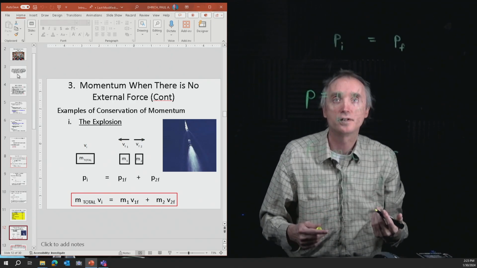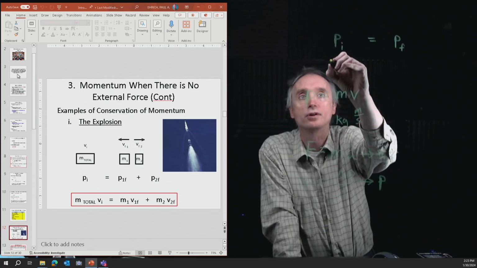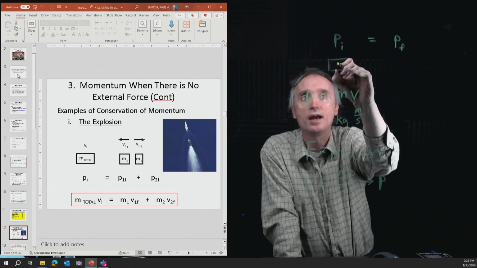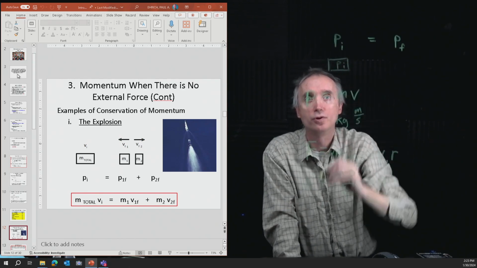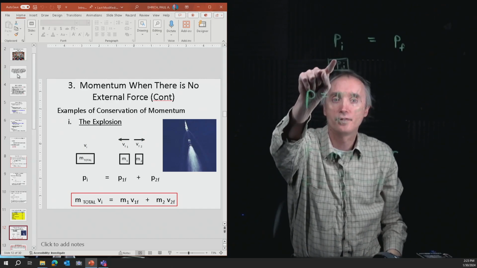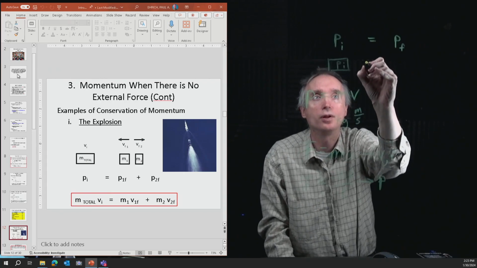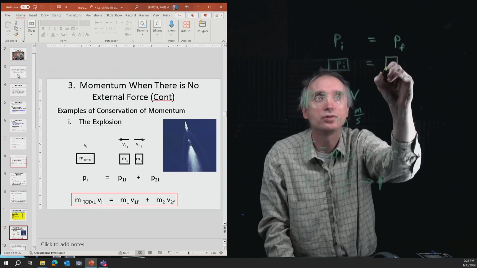Now the difference is that in the case of the explosion, you're going to start with one object, so it's going to have a certain momentum, the initial momentum of that thing, and then it's going to blow apart. So when it blows apart, it's going to turn into two pieces.